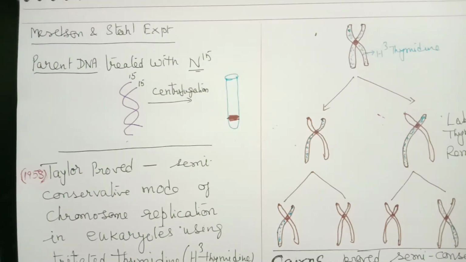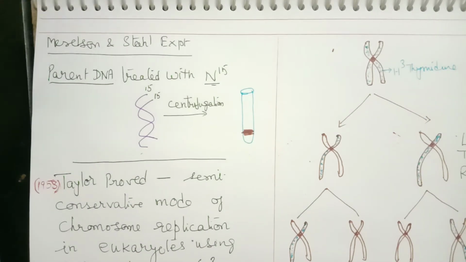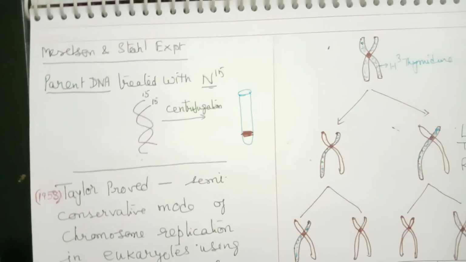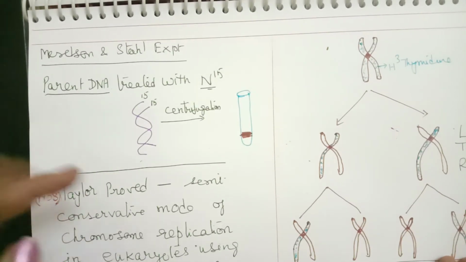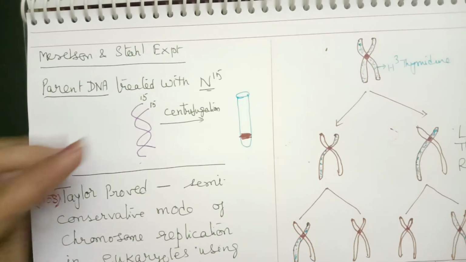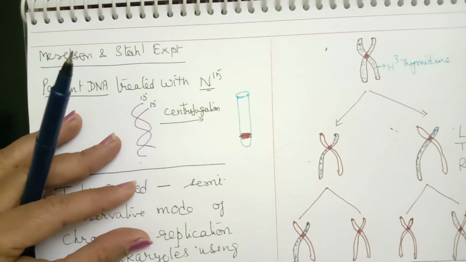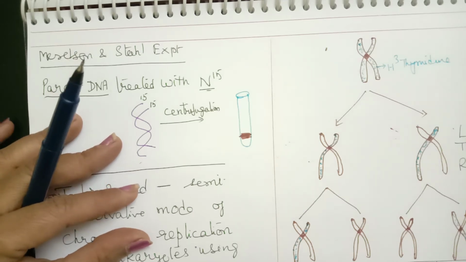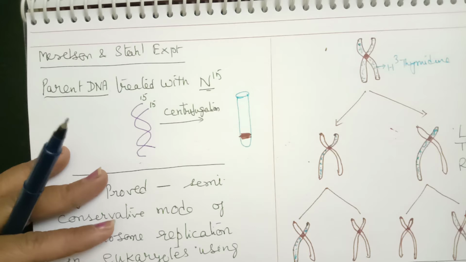Now let us see how this is applied in the Meselson and Stahl experiment, in order to understand that DNA replication is semi-conservative.